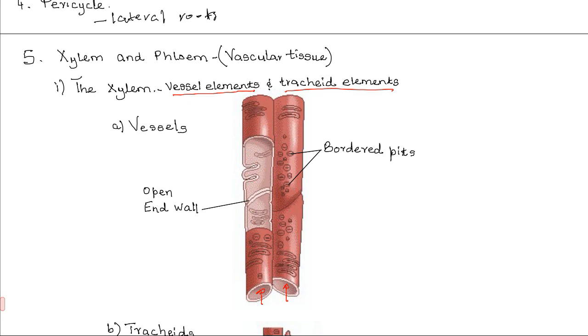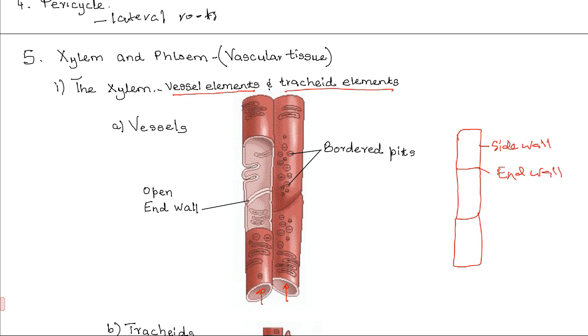Now, in both the vessel and the trachea elements, the end wall, because the xylem element consists of elongated cells. Now, these elongated cells consist of side wall and the end wall.